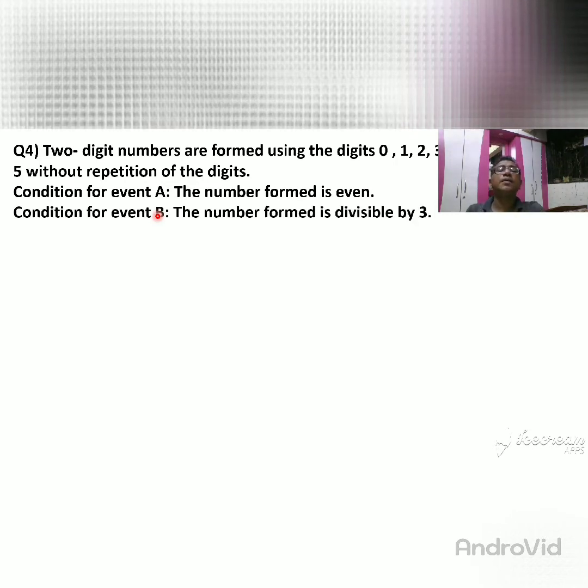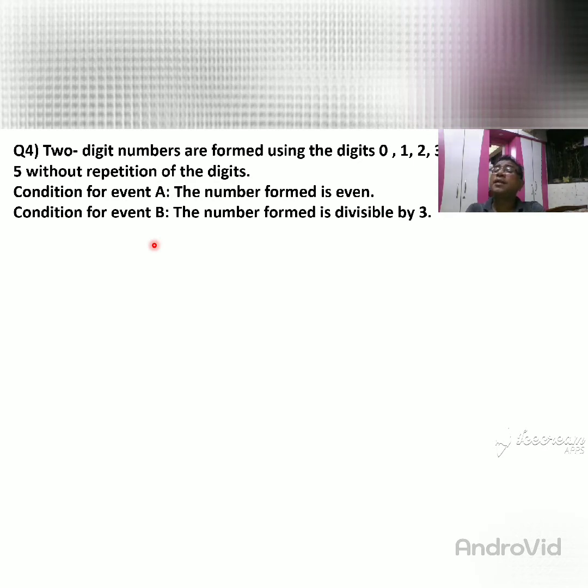Then we see event B: the number formed is divisible by 3. So in event B, the number must be divisible by 3. What is the meaning of divisible? It can be easily divided by 3.